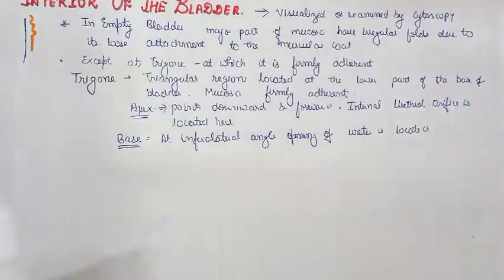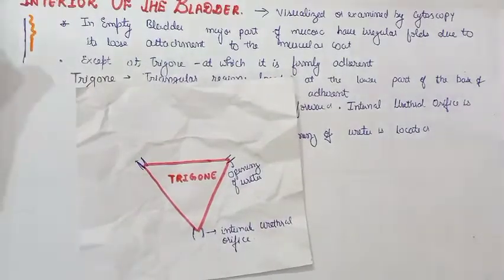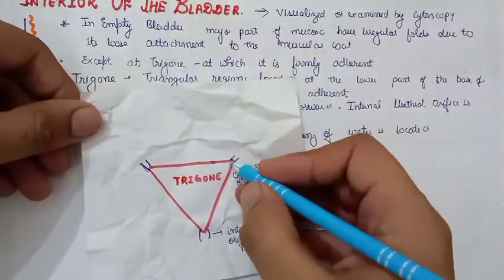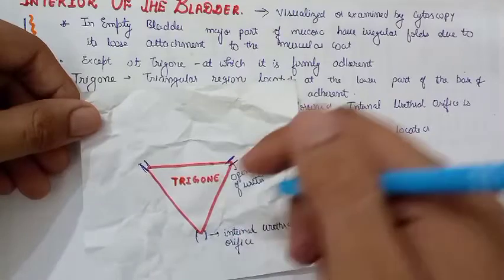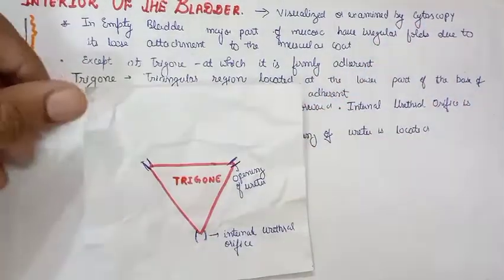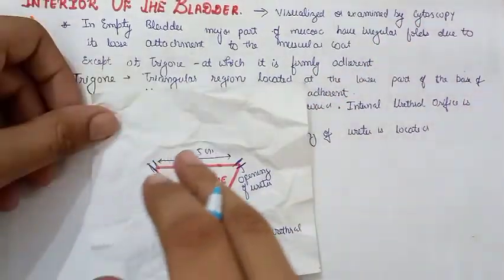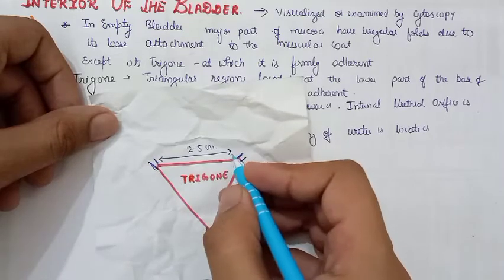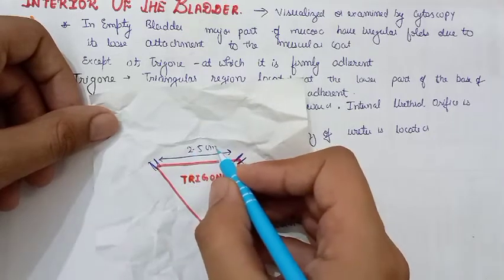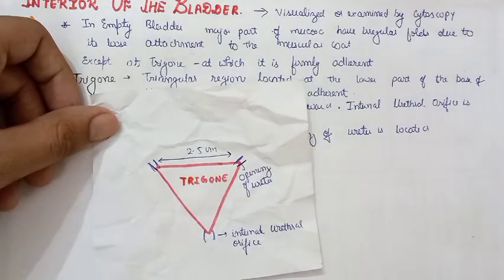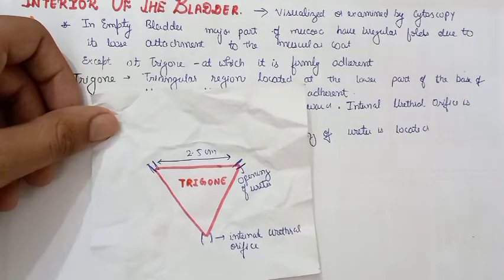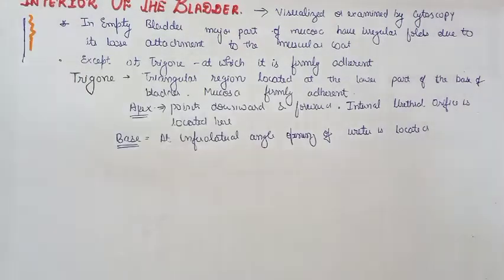When the ureter enters the trigone area, it is directed obliquely and not straight. In an empty bladder, the distance between the two ureters is 2.5 cm, and in a distended urinary bladder, the distance doubles to around 5 cm. So you can write these points in your notes.